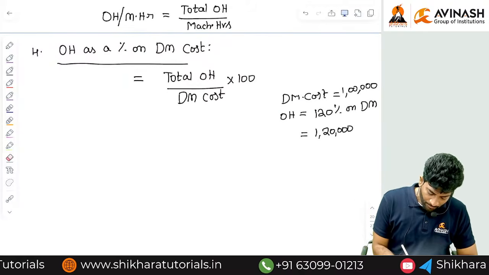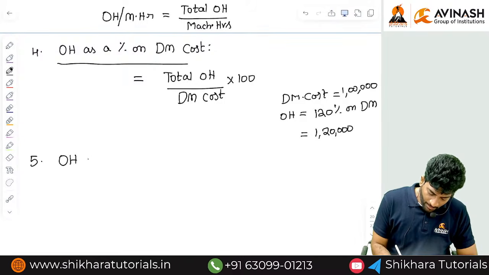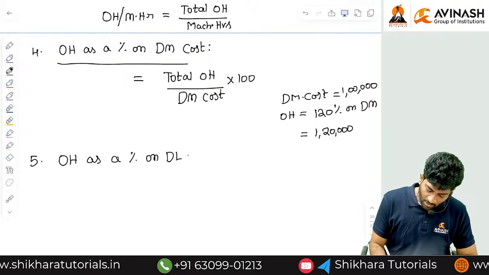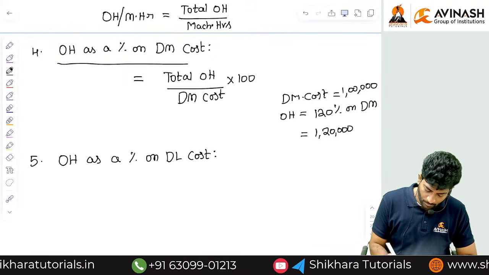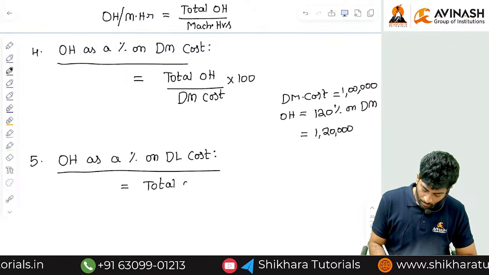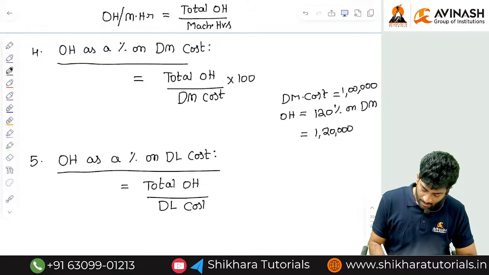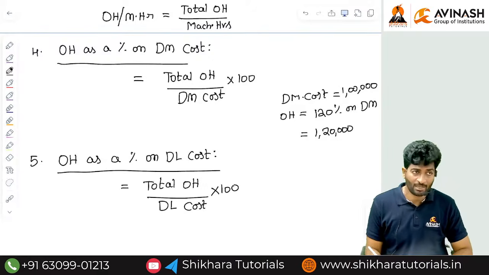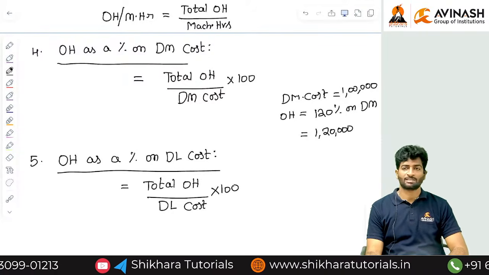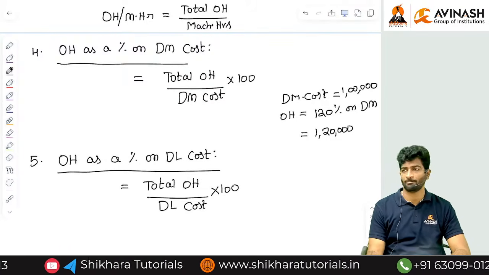And fifth method, overhead can be expressed as a percentage on direct labor cost, which is equal to total overhead divided by direct labor cost into 100. Same example, direct labor cost equal to 1 lakh and overhead equal to 150% of direct labor, nothing but overhead equal to 1,50,000, right?